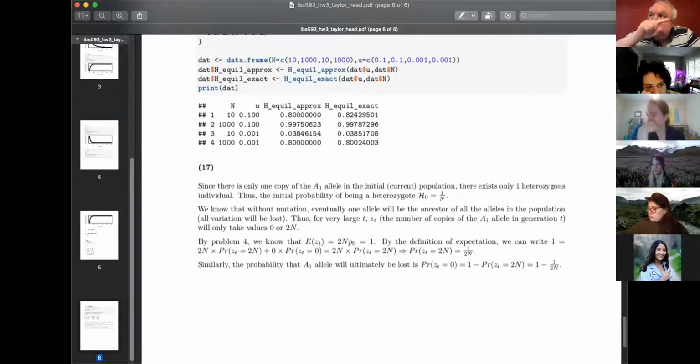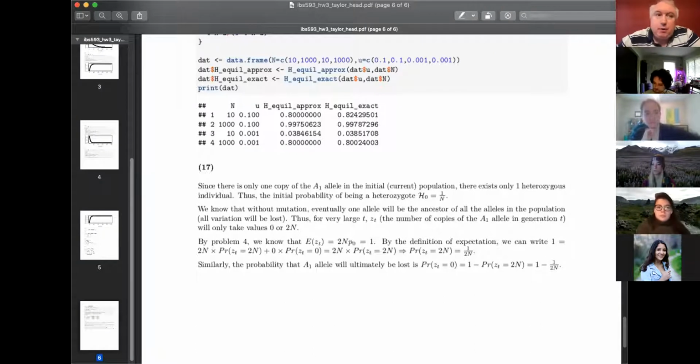So the mean frequency is 1 over 2n. The variance is 0, meaning it must be either 0 or 1. So the mean must be the probability that it is at 1 times 1 plus the probability that it is at 0 times 0. And that has to equal its current frequency, 1 over 2n.